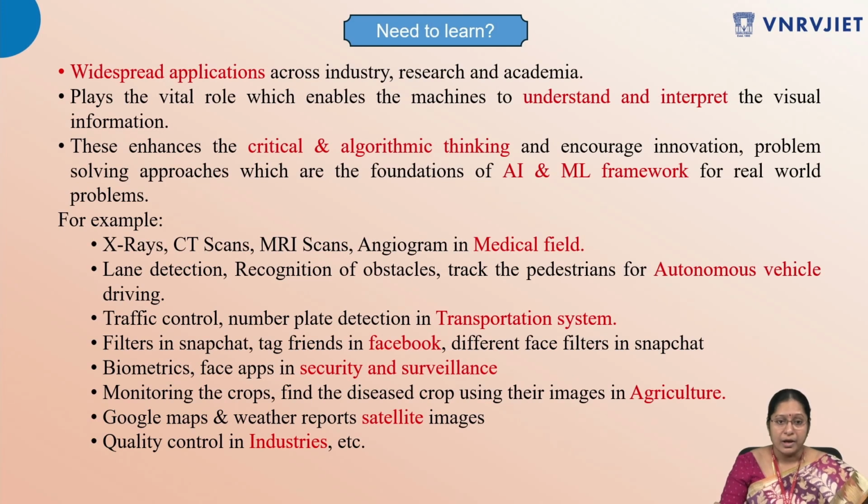Next, monitoring the crops, finding diseased crops in agriculture. Next, Google Maps and weather reports using satellite images, quality control in industries. Likewise, many applications have this type of image classification, extracting knowledgeable information from several domains.